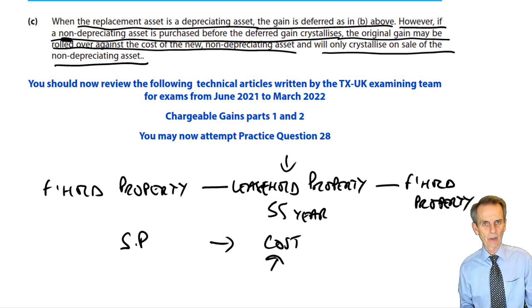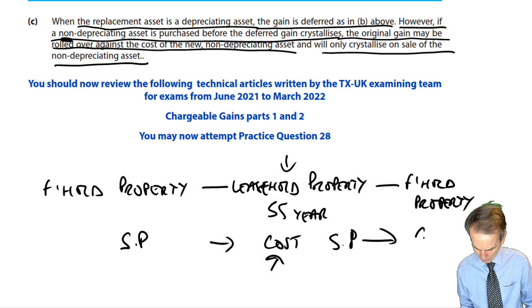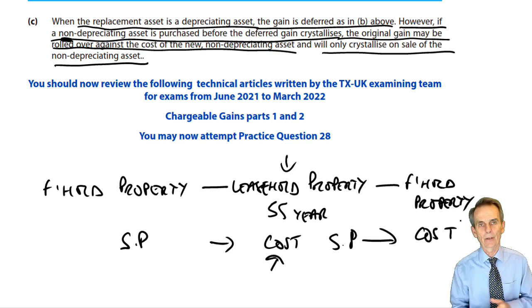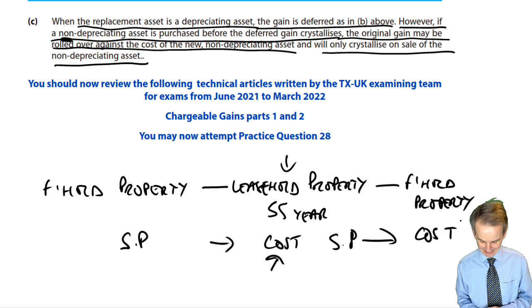Then what had been purely deferred through a sort of holdover situation when we bought and continued to own the leasehold property in that period, if we then sell and the sales proceeds come in and we reinvest in the cost of the freehold, then what had only been held over, awaiting crystallisation at the latest point, 10 years after that replacement property had been acquired, if before that date, before the crystallisation, we reinvest in another non-depreciating asset, i.e.